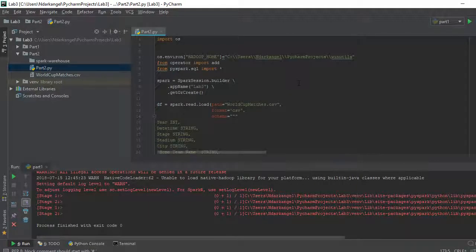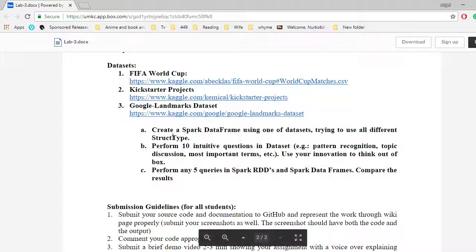There's a lot of code. First, we had to create the Spark DataFrame using one of the datasets, trying to use all different types of structure types.